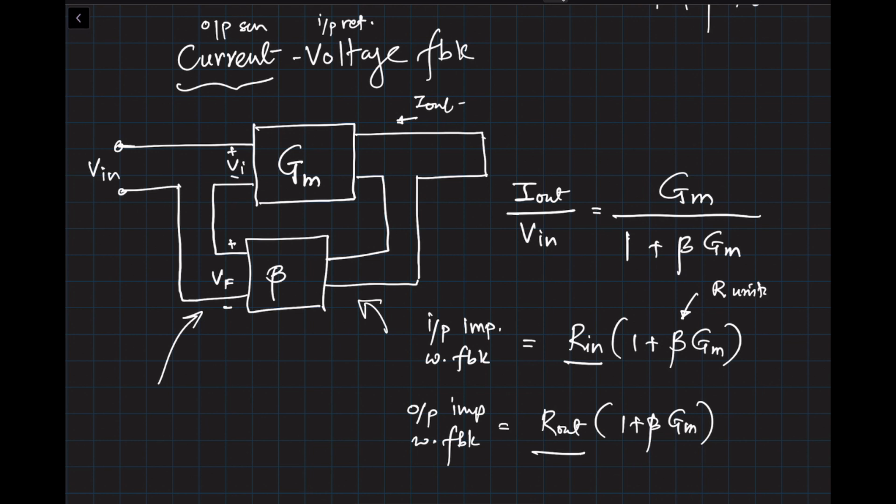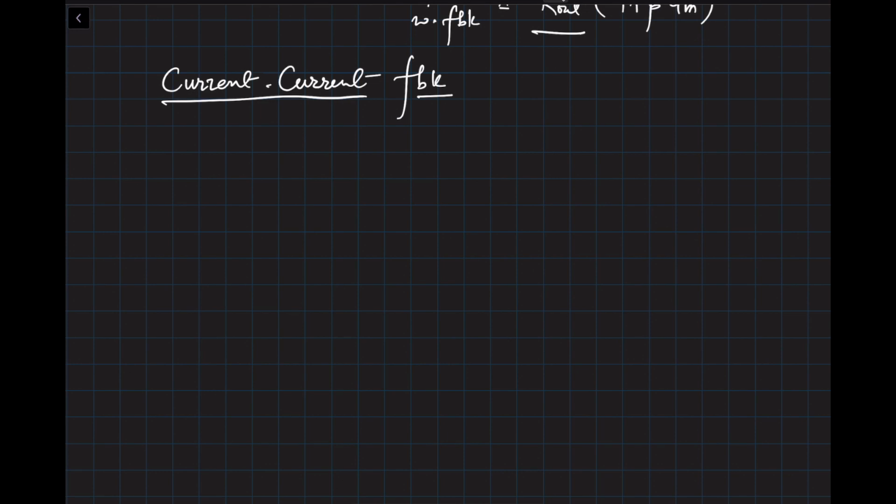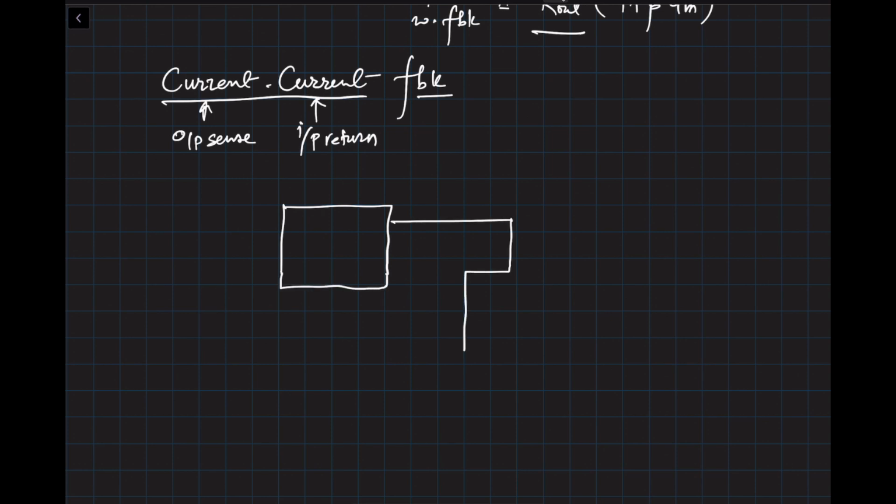Now let's look at the last configuration, which is current feedback. The first current is about output sense, and the second current is about input return, so keep that in mind. Since we are sensing the output current, you will see a series connection at the output. So here is our feedback return path.